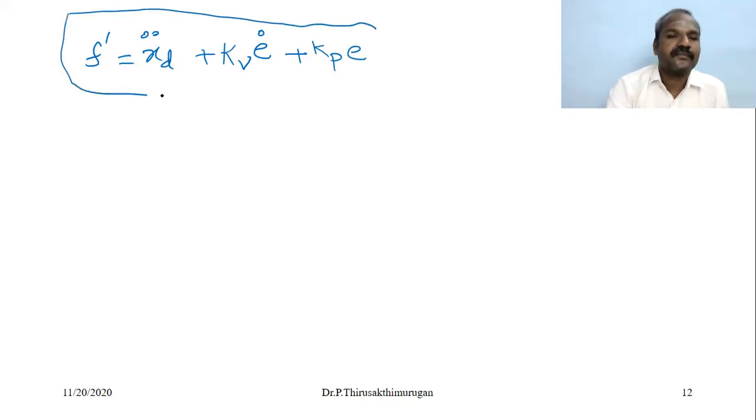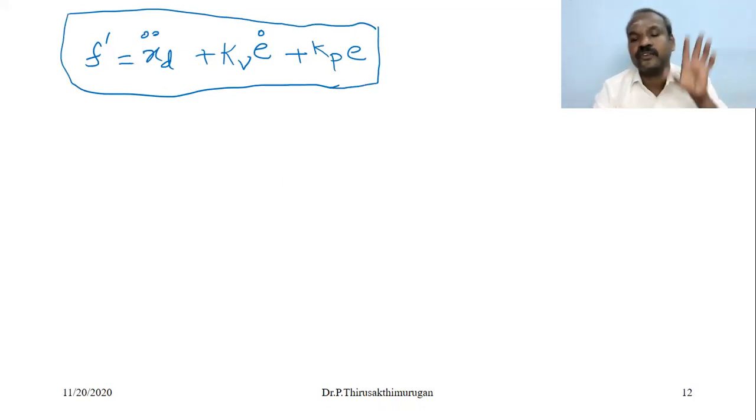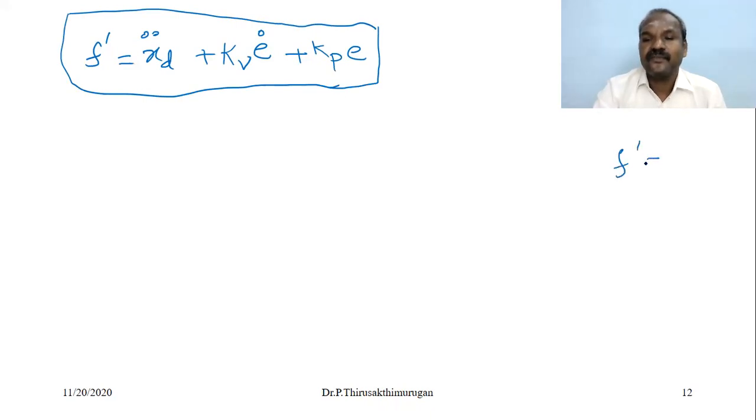For the previous control law partitioning, that is the position control algorithm, what is F dash? We fix the control law alpha. In the previous system, F is equal to alpha times F dash plus beta, right?